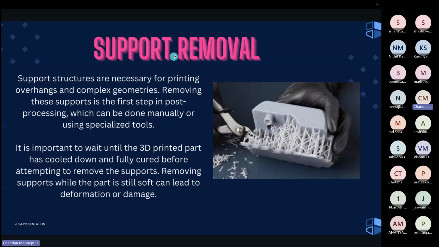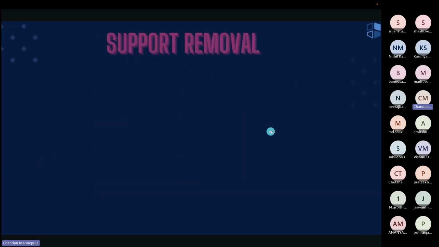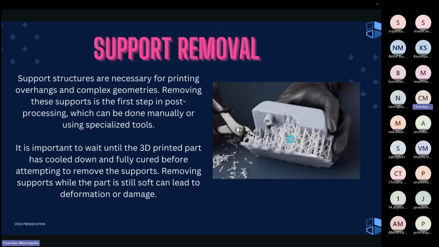When you try to build a complex 3D model, consider building a sphere. It won't have any base or any support to be built around. So you need to build some support structures so that the 3D model attains stability and doesn't move from its position while it's being printed. The removal of the support is also very important in a 3D printing process.